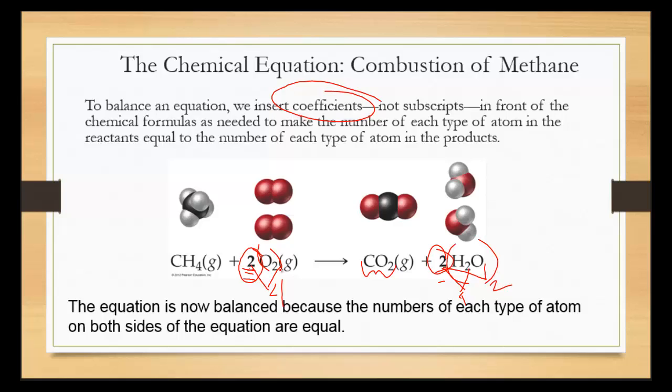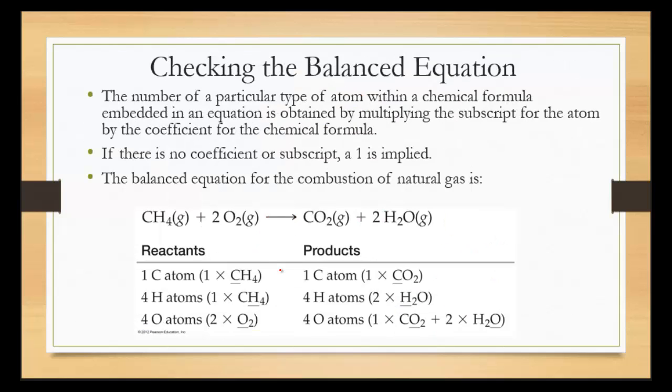So here, look at the left versus the right. We have one carbon on the left-hand side. Over here we have one carbon. On the left-hand side for hydrogens, we have 4. On the right-hand side, we now have 2 times 2 to equal 4 hydrogens.